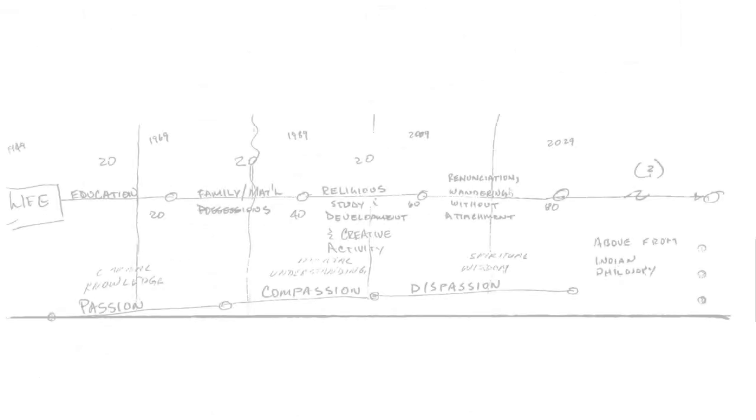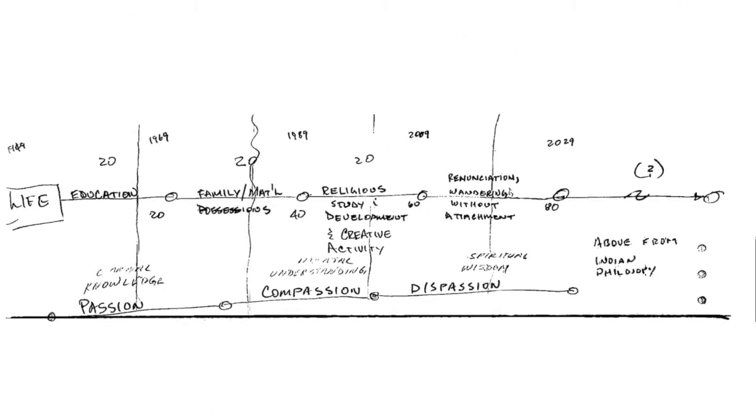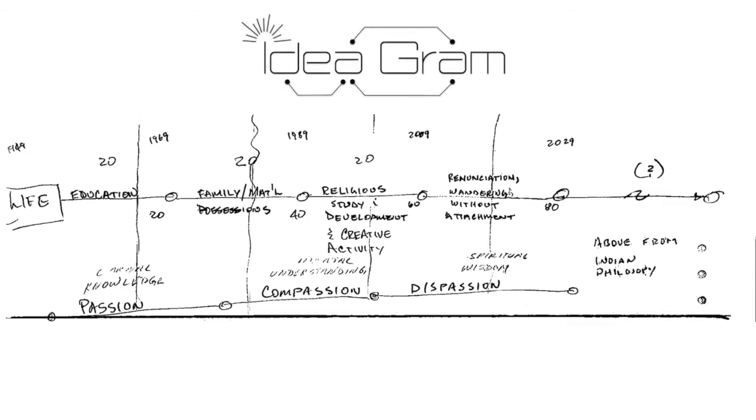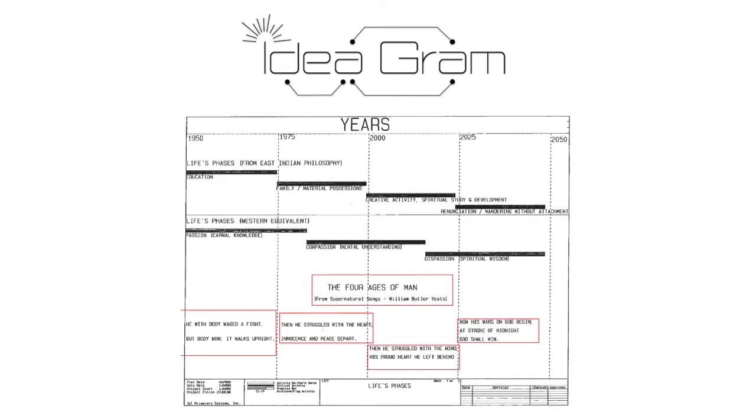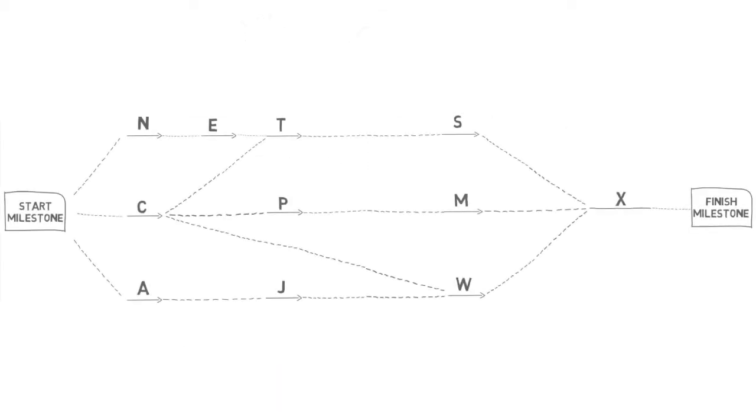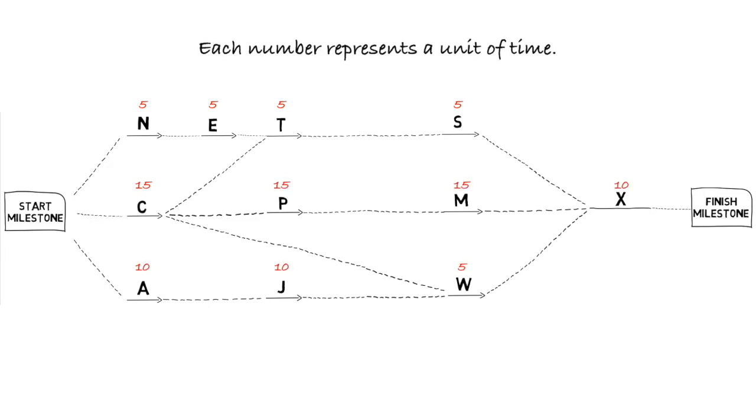We're going to talk more about charting things of a personal nature as we learn about the concepts of IdeaGrams, which resulted from the use of the network diagramming techniques being demonstrated in these initial videos. In our next diagram, we have added numbers above each letter. These numbers will represent the unit of time required to complete each operation.